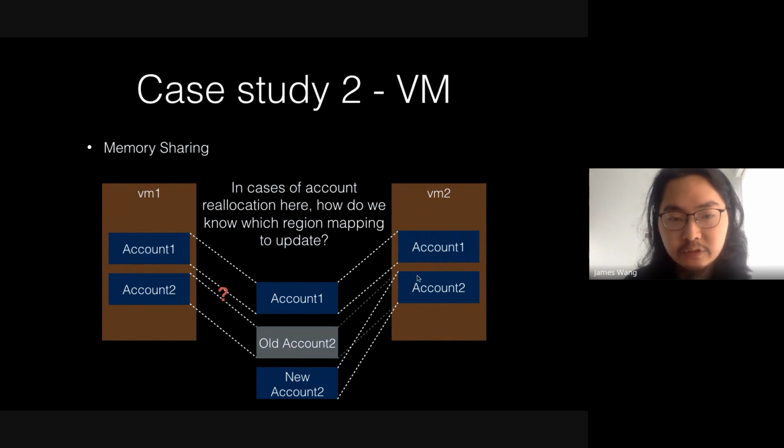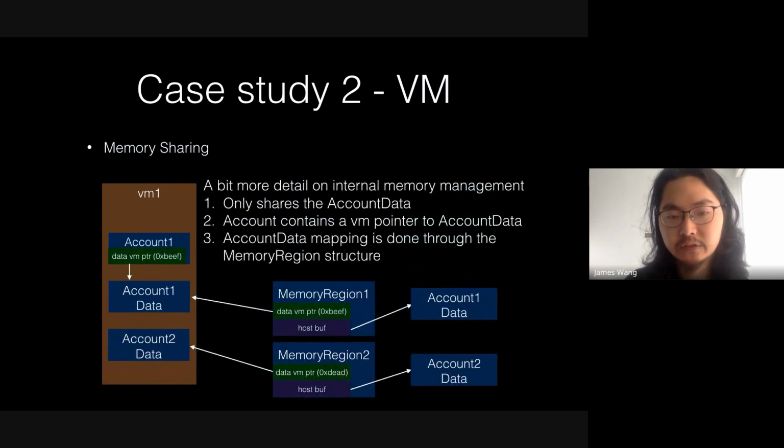It might seem obvious from this graph that this should be mapped here, but for the VM processor to work, it must have a way to look up which account to map to the second buffer to update the mapping. And to understand how this works, we have to look at the internal structures of the mapping management.